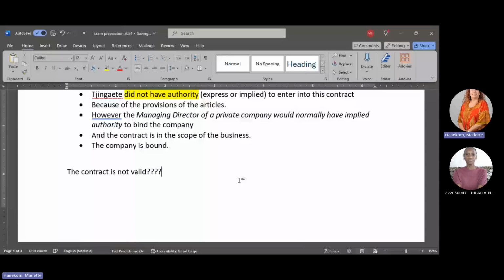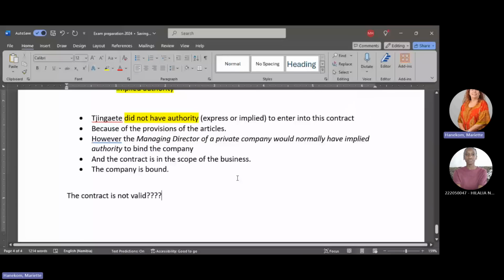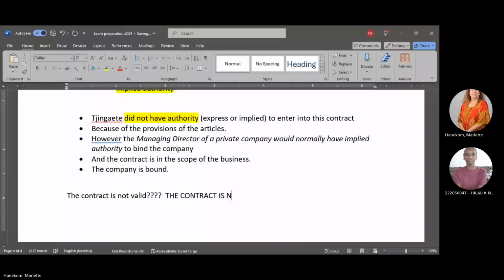There's no indication here that the contract is not valid. A director co-signing is not a requirement for the validity of a contract. You should know by now what the 5 requirements for a valid contract are, and having a co-director co-sign or having authority is not one of them. The contract isn't not valid. Contract is not binding. Those 2 concepts don't mean the same, people.